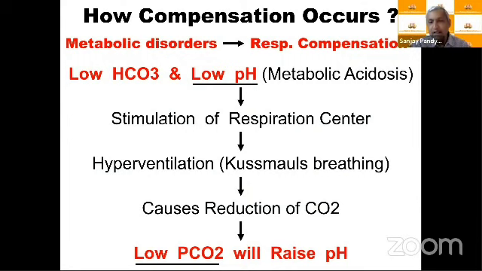Low bicarbonate and low pH will be a feature of metabolic acidosis, and low pH will stimulate the respiratory center. There will be hyperventilation known as Kussmaul's breathing that will wash out CO2, and low PCO2 will bring the pH towards the normal side. And that is the compensation. So the primary change was reduction in pH, and compensatory low PCO2 will try to bring pH towards normal. This is compensation.